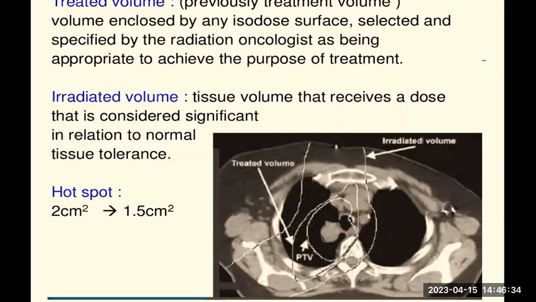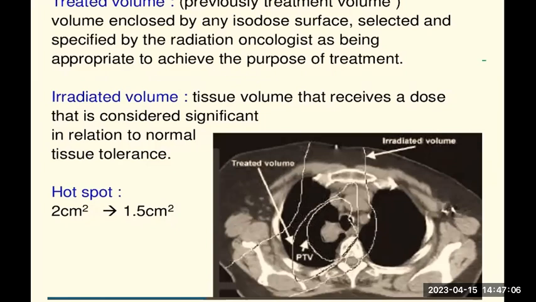You can find that the treated volume area will have more dose or beam intensity compared with the irradiated volume area, which receives very little. The treated volume area receives the maximum dose level. That is what we call the PTV, planning treatment volume.